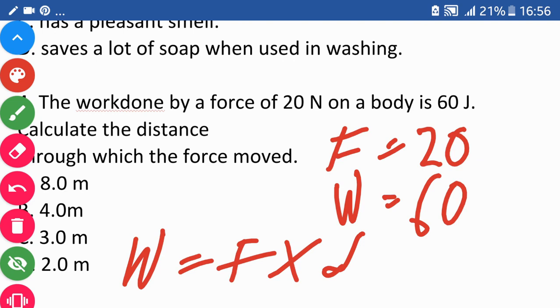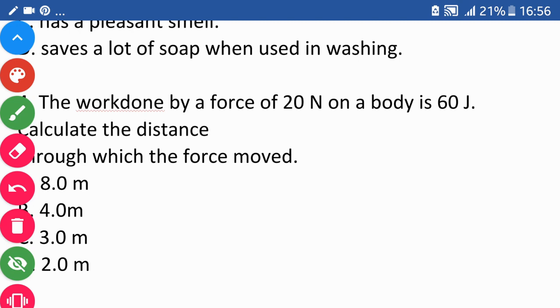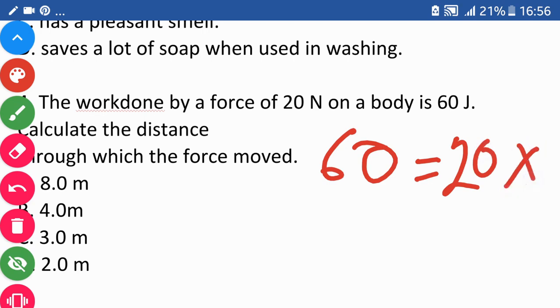So if this is it, then let's move on to find the distance. So the work done is 60 equals force, 20, multiplied by the distance.